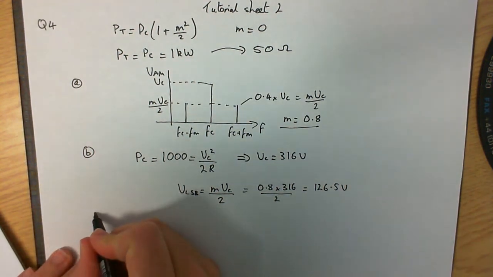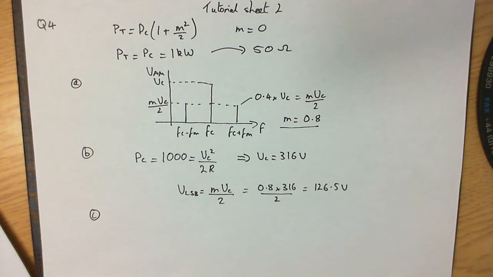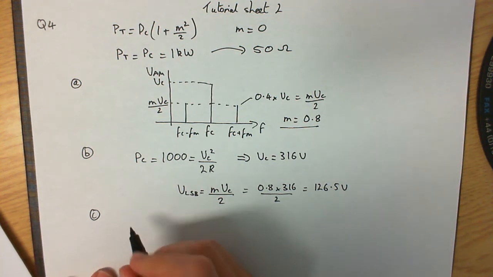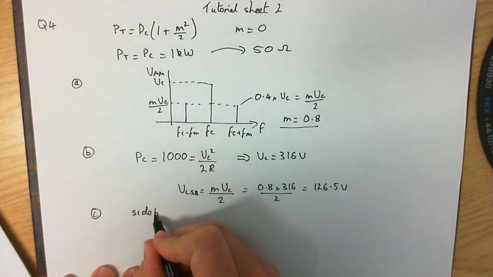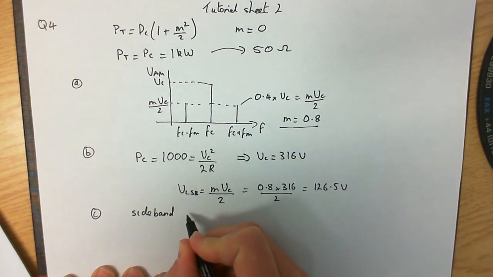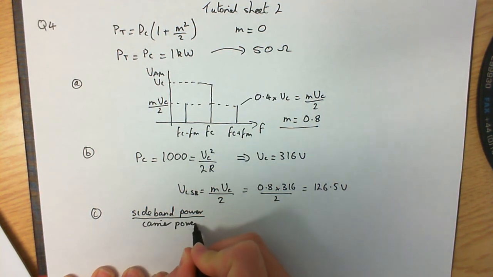Okay, moving on to part C. Part C is asking for the ratio of the total sideband to carrier power. Well, hopefully by question 4 we've done enough of these by now. So what is the sideband power divided by the carrier power?